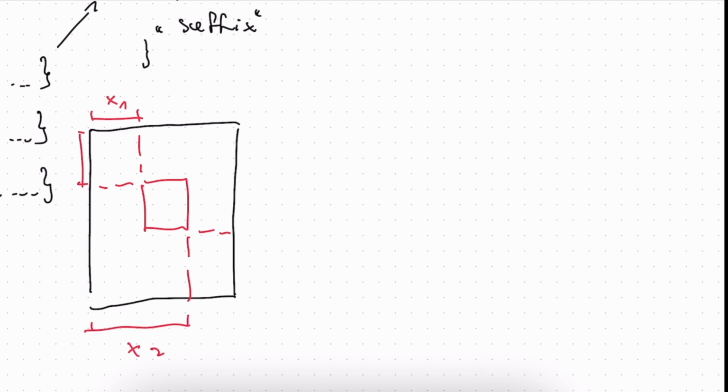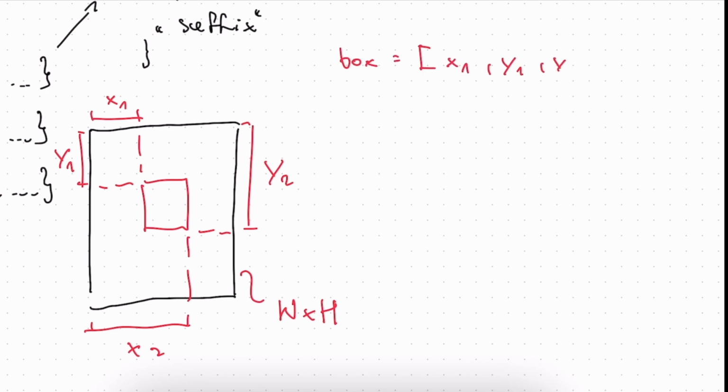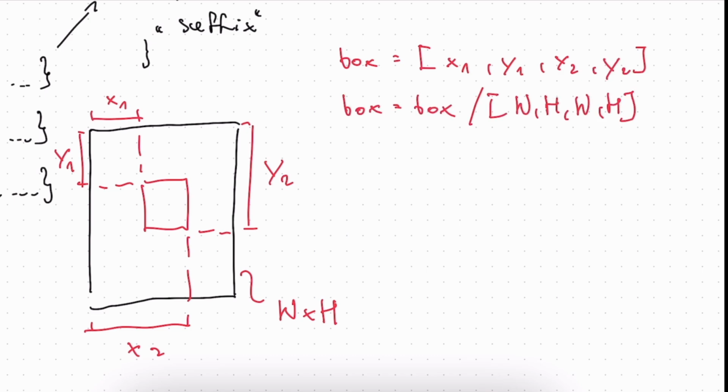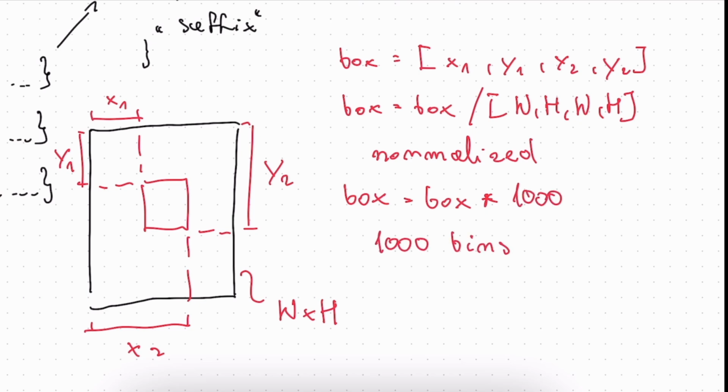The whole image has dimensions w by h. We can then write the coordinates of our bounding box as an array, arranging them in appropriate order. Next, we normalize them and divide them by appropriate image dimensions. Finally, we multiply them by 1000 and round them to integers. Ultimately, the box coordinates have values between 0 and 999.